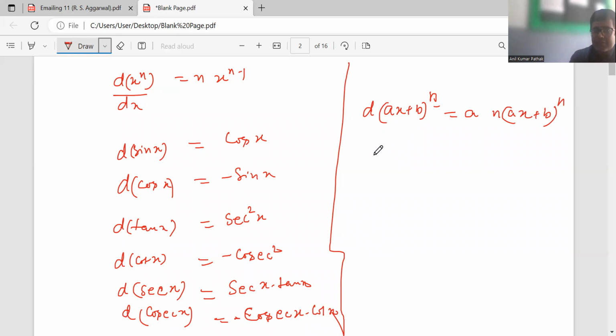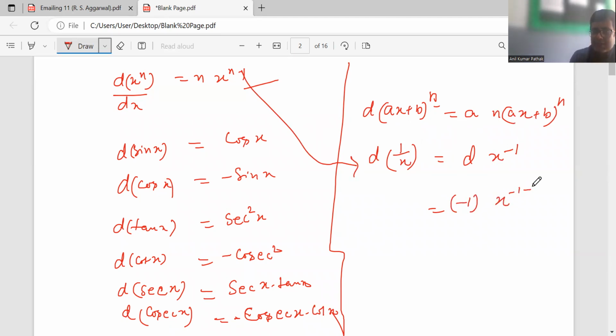Now we go for d of 1 by x. So 1 by x is taken as x to the power minus 1. For this, we use the same formula as we are using here. So it becomes minus 1 into x to the power minus 1 minus 1.